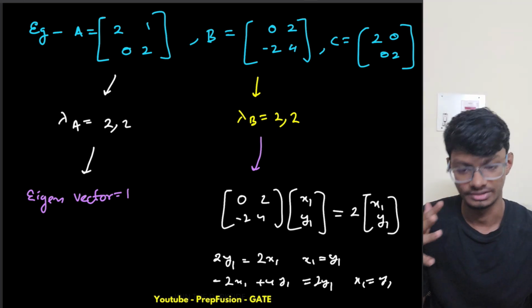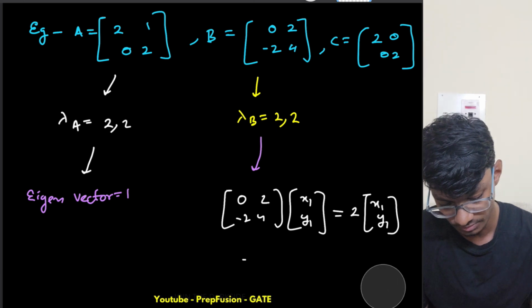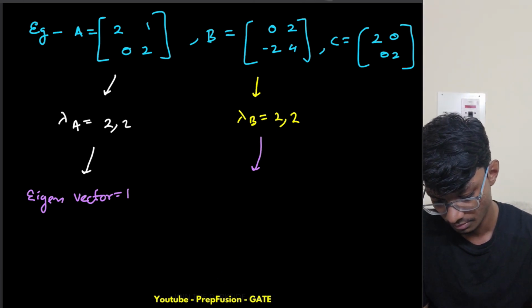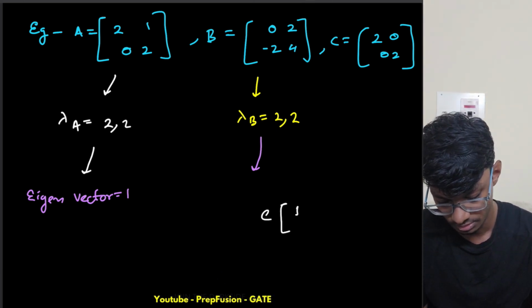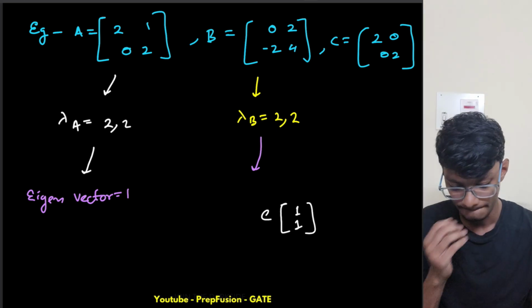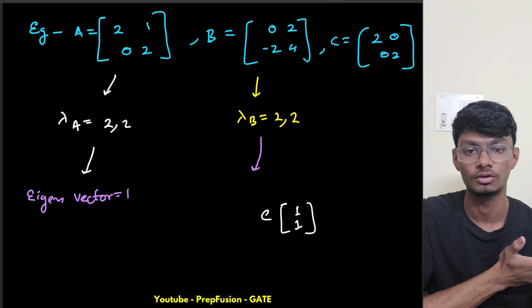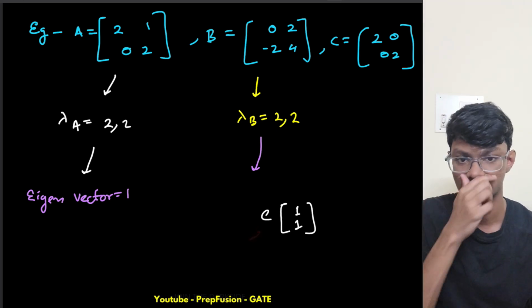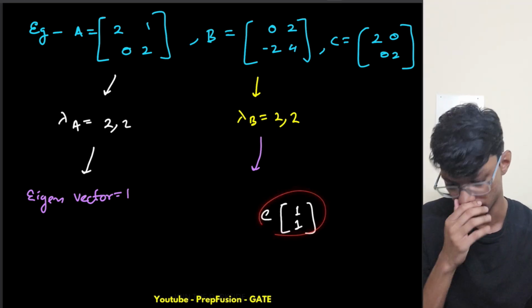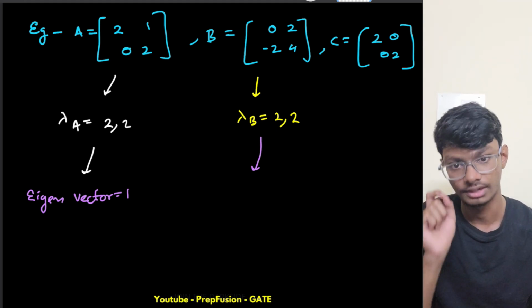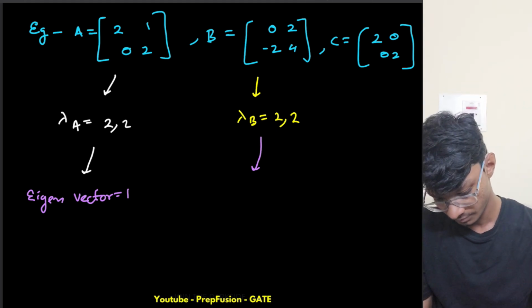So this will be simply c times 1 comma 1. Again, if I take 2 comma 2, that will be just dependent on this. If I multiply 2 with this, I will just be using the same eigenvector. So again, the number of independent eigenvectors is 1 only.